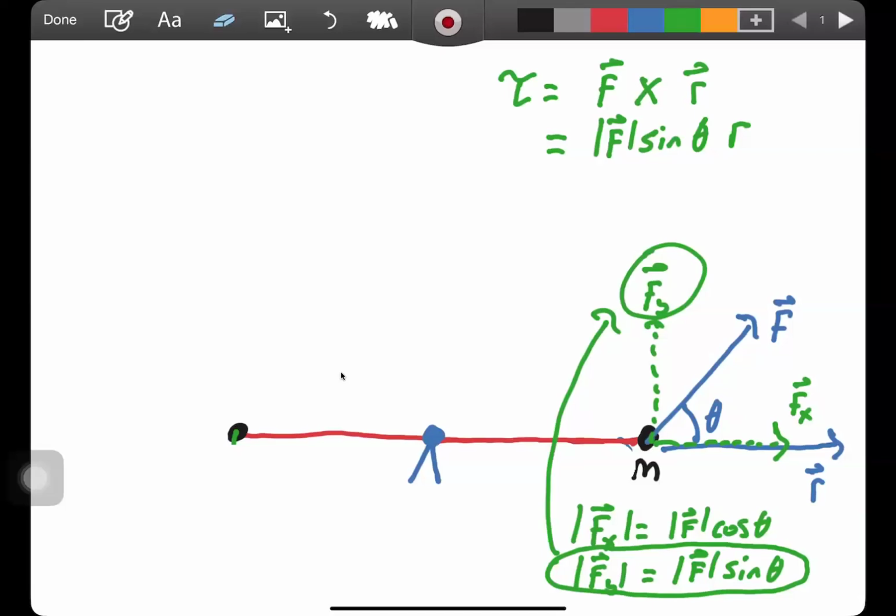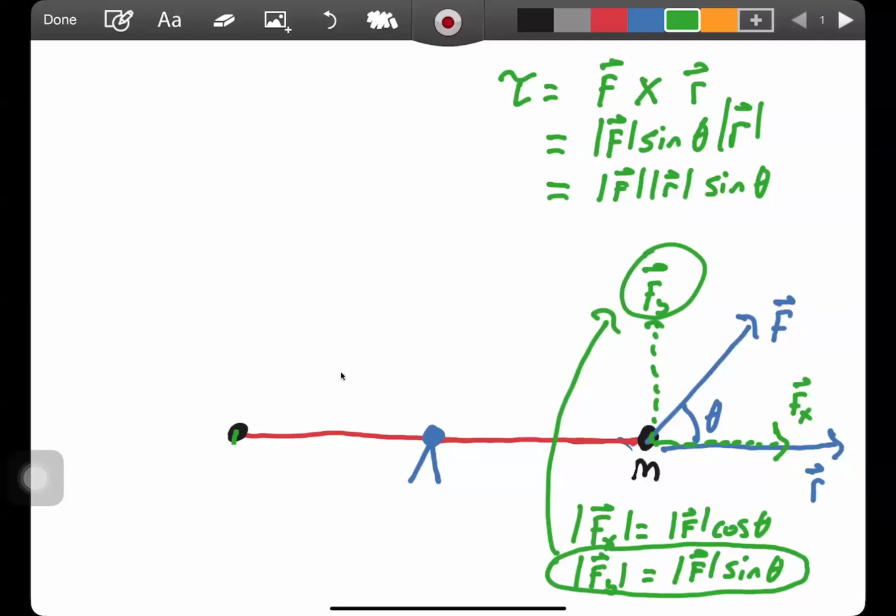So I'm just going to rewrite this as the magnitude of F, and then the magnitude of the lever arm, so just the distance from the axis of rotation to the mass, and then the sine of the angle between the two.